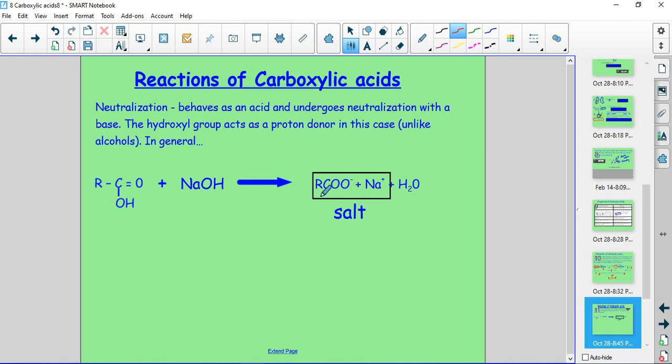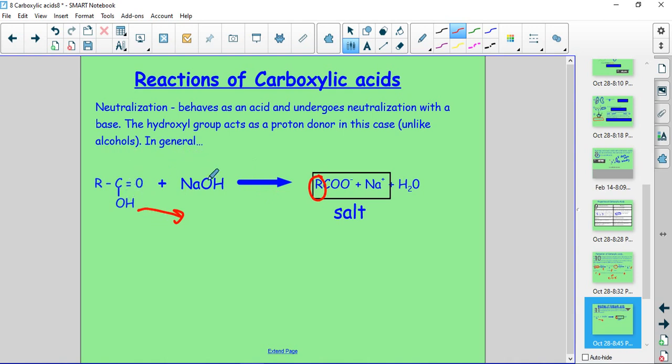Right. So one reaction we're going to look at is a neutralization reaction. It does behave like an acid. It behaves like a proton donor would, and it would donate a proton like that to give you RCOO, where again that R is any continuation of your parent chain. And what will happen in the presence of a base, if this behaves like an acid, is a neutralization reaction, like you've seen since grade 9.